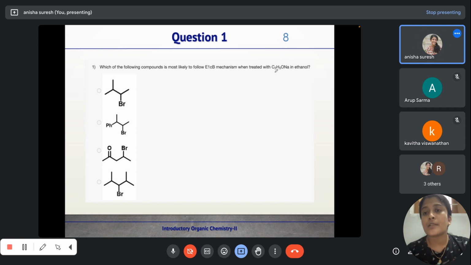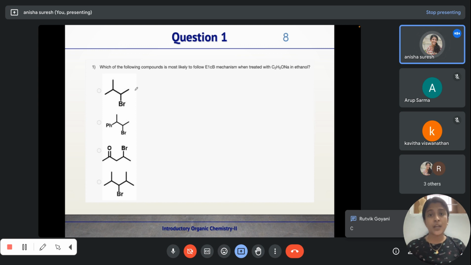This is sodium ethoxide. In the presence of ethanol, which of the following compounds can undergo the E1cB mechanism? There might be more than one compound that can undergo the E1cB mechanism, but which will be the most likely to follow it?